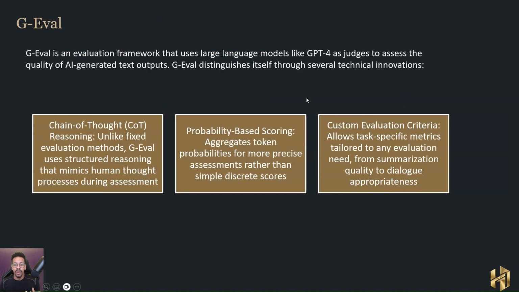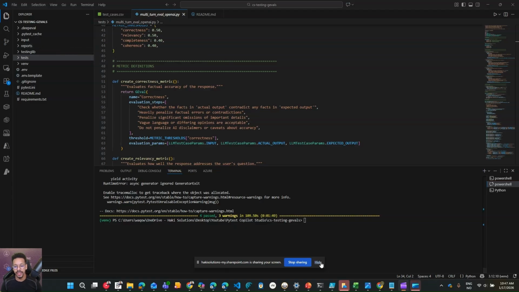So the good thing here is we can have our custom evaluation criteria, which we will see in a second, and that is really good for the freedom and how you want to structure your tests in your company.